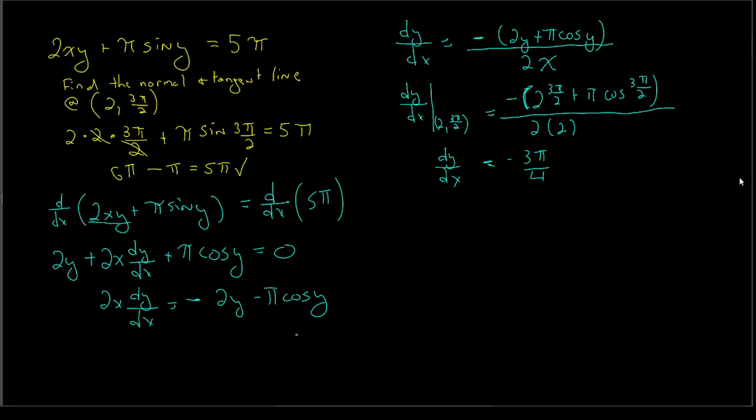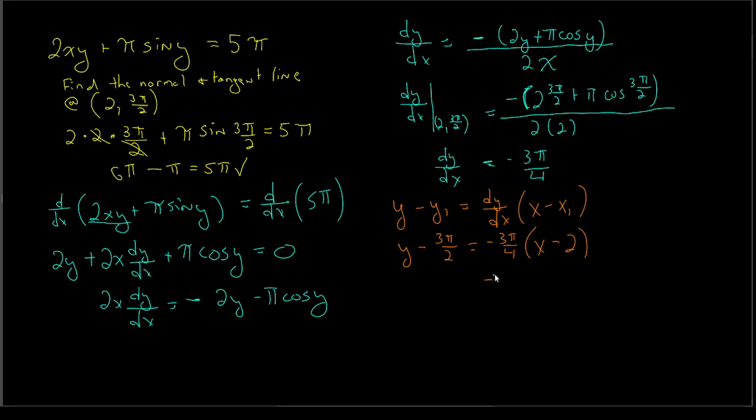So to write the tangent line, let me start with the tangent line. So y minus y1 equals dy/dx times x minus x1, or y minus 3π/2 equals negative 3π/4 times x minus 2.